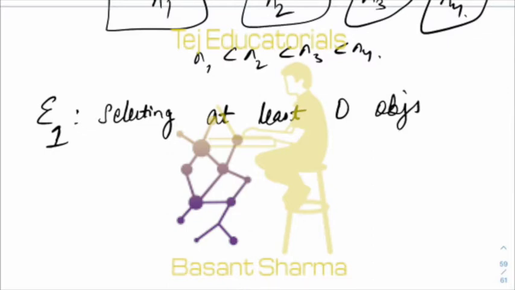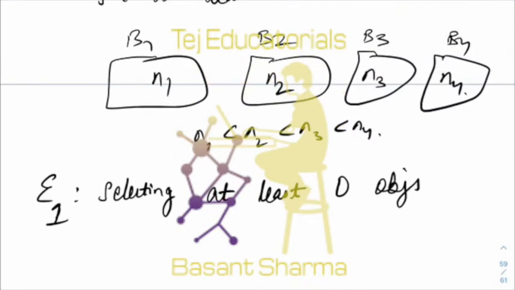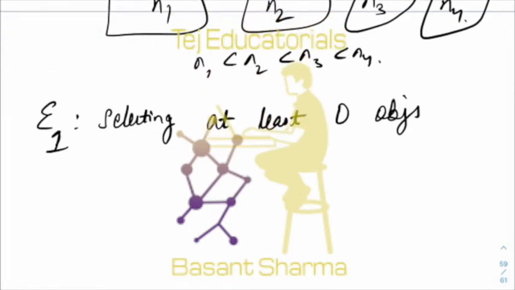It can happen that nothing is selected from, let's say, bags B1, B2, B3, but something is selected from bag B4. Or it could happen that something is selected from bag B1 but nothing is selected from B2, B3 and B4. So all those possible cases we have to include.